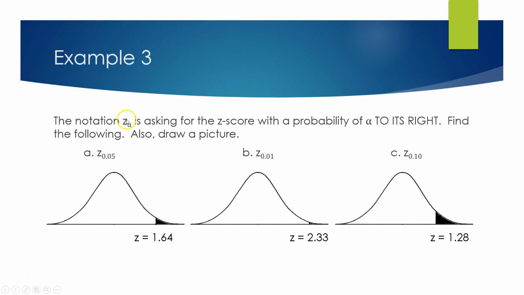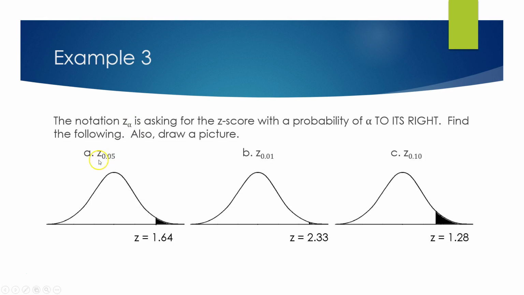And so this is the only time where we're not interested in the area to the left right now. Eventually it's going to be left or right depending on what we're looking at. So this is the z-score that has this much area to its right.